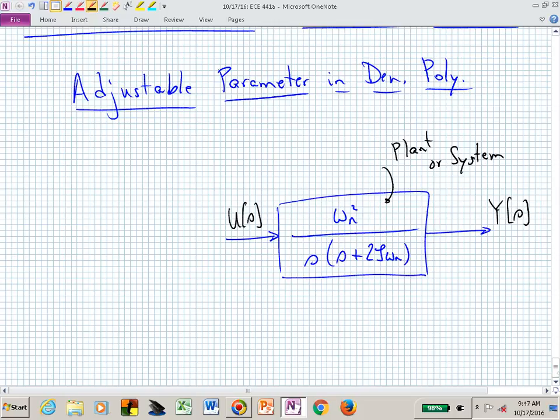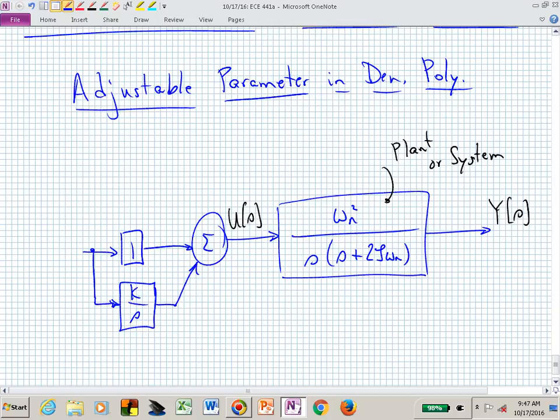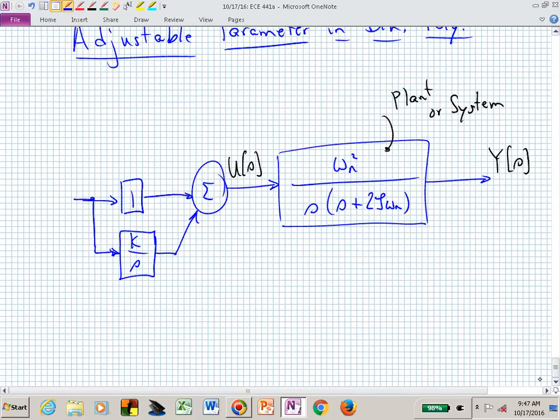We now want to control that system by putting in a controller, and let's build a controller with a gain, and let's say that we have a gain in parallel with that of K over S.